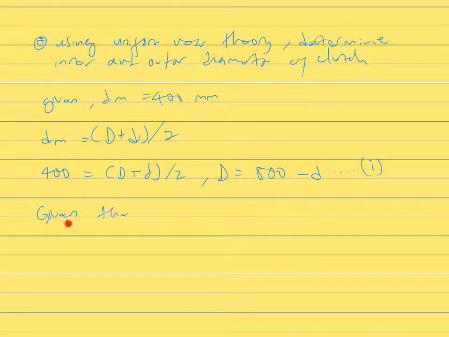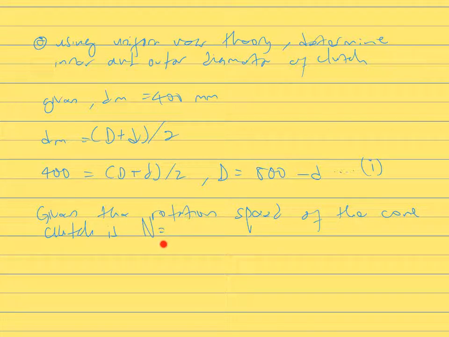Given also the rotation speed of the cone clutch, N is equal to 1200 revolution per minute.